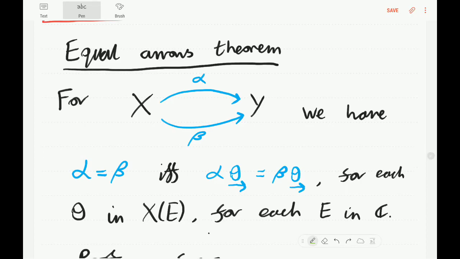We have all these sets and all these functions from one set to another, and that whole structure basically would correspond to a single object of set to the power of C.